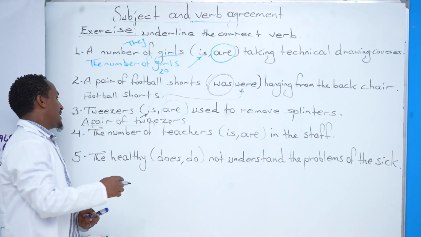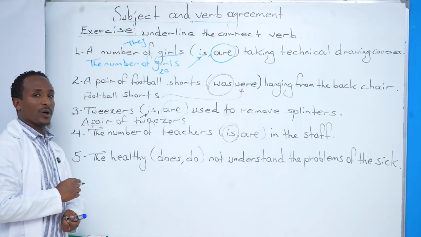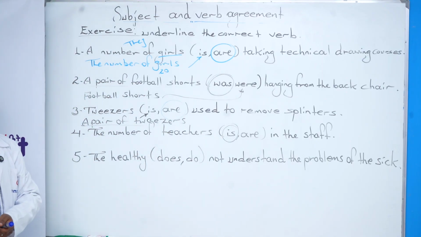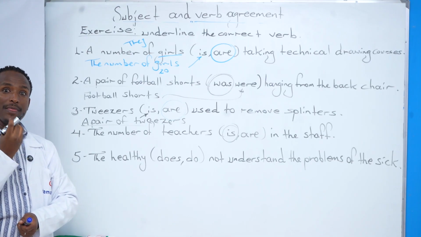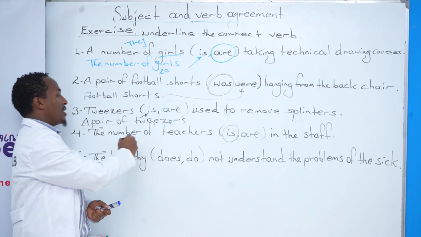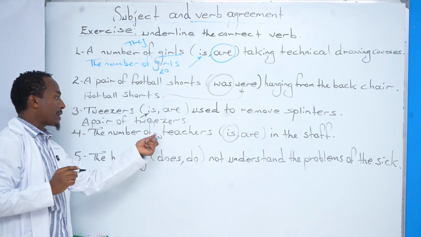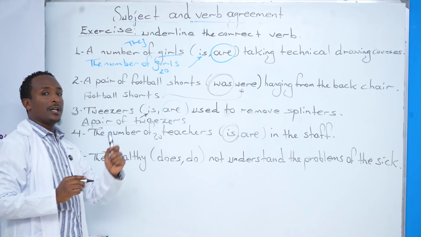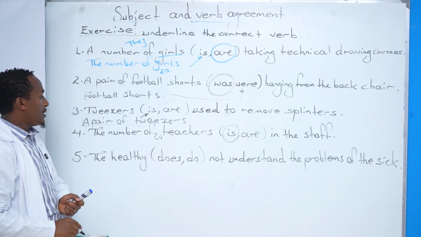If your answer is the singular verb, you are correct. You are talking about the magnitude. You are talking about the number, not the members. The number of teachers, maybe 20 teachers are in the staff. It is talking about the number. It is not talking about each and every member of the teachers or the pupils.